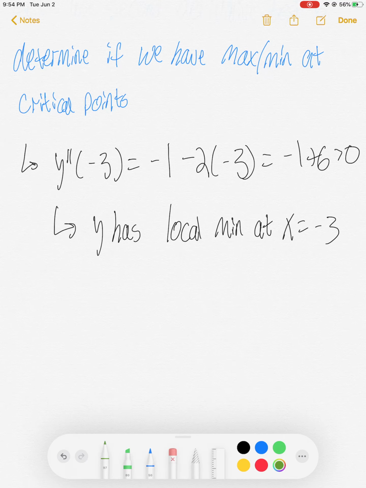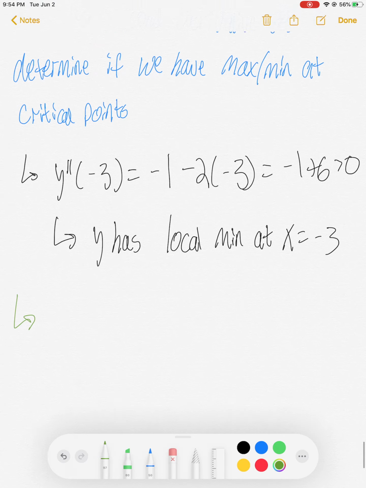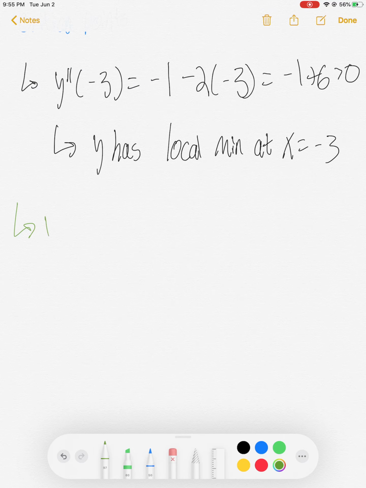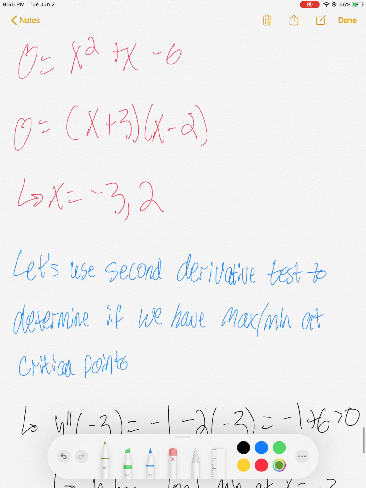So this means, by the second derivative test, y has a local min at x equals -3.